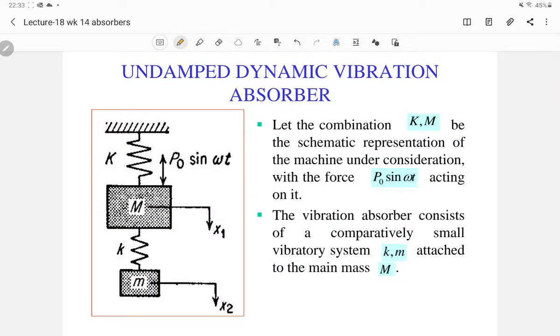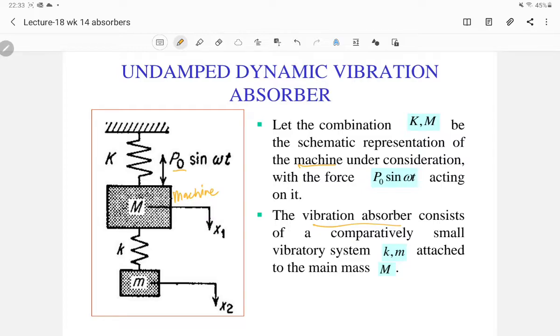So this is an example of a model where the capital M here represents the machine itself. You can see that there is an input force of P naught in this case, and you are going to attach the absorber, the vibration absorber.